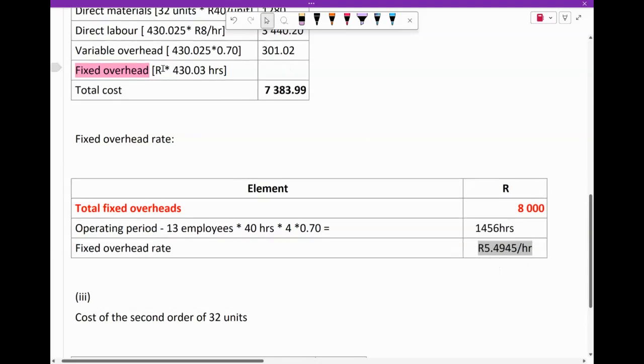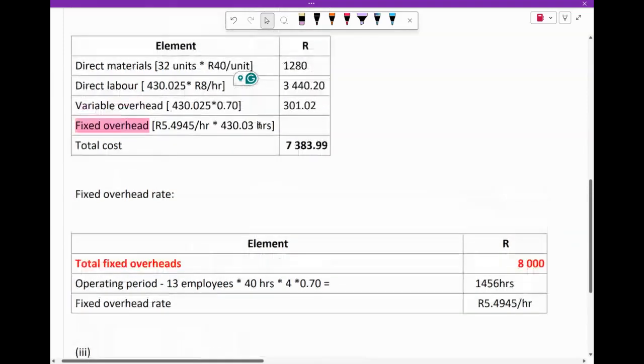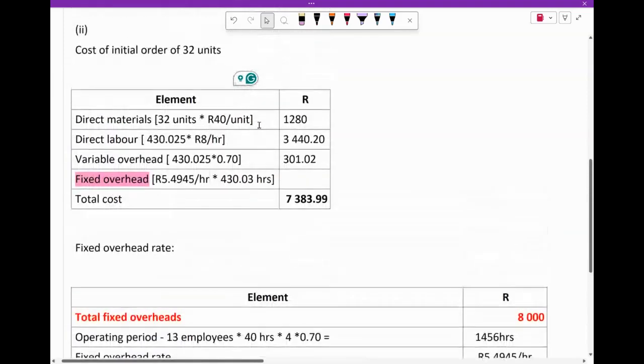All right. So basically, we're saying for the number of hours that we've spent on this 32 units, we also want to attribute what fixed costs should be allocated to these units. Is it making sense? Yeah. Okay. All right. Super.